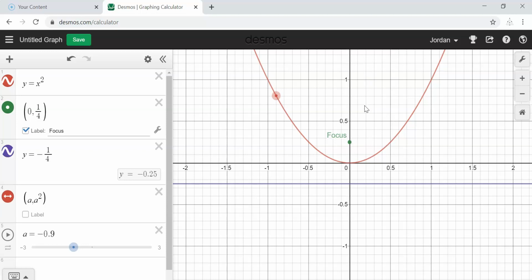Goes straight down here, bounces off, hits the focus. And this is why satellite dishes are parabolically shaped: you try to take a signal, bounce it off, and hit the focus. Okay? So that's another little geometric thing that happens as well.